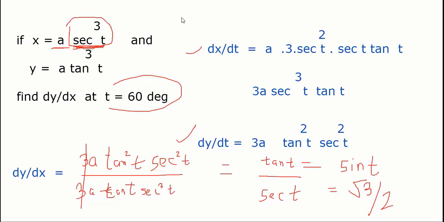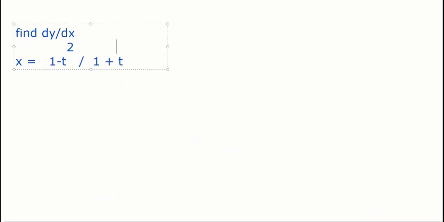Okay, everybody solve this question. This time will be easy. Find dy by dx if x equals 1 minus t squared over 1 plus t squared. I am writing this in this form, but 1 plus t square is the whole denominator, okay?